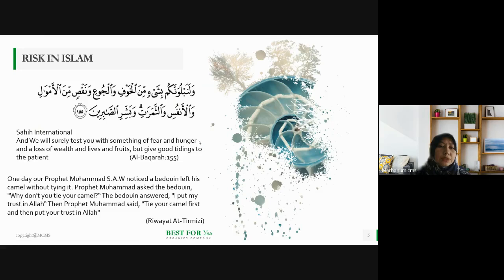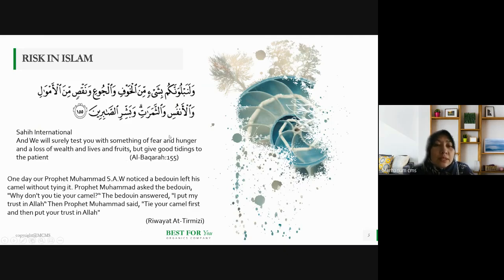So what does Islam say about risk? In Surah Al-Baqarah, verse 155, Allah said, Bismillahirrahmanirrahim, وَلَنَبْلُوَنَّكُمْ بِشَيْءٍ مِّنَ الْخَوْفِ وَالْجُوعِ وَنَقْصٍ مِّنَ الْأَمْوَالِ وَالْأَنفُسِ وَالثَّمَرَاتِ وَبَشِّرِ الصَّابِرِينَ. And we will surely test you with something of fear and hunger and loss of wealth and life and fruits, but give good tidings to the patient.